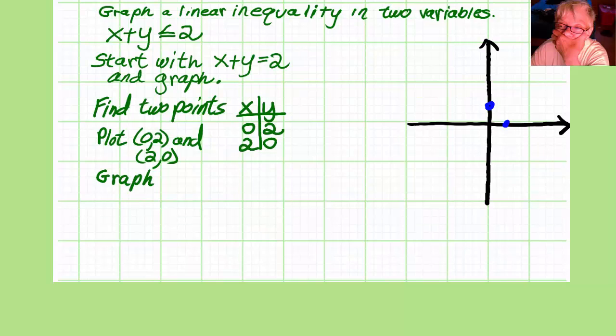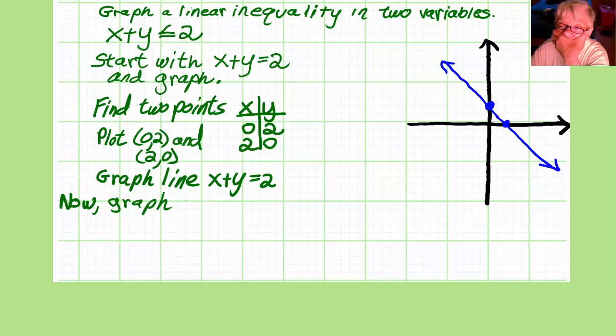And now we're going to graph the line. There is a difference between plotting points and graphing lines. Okay, this is roughly what the line x plus y equals 2 looks like.